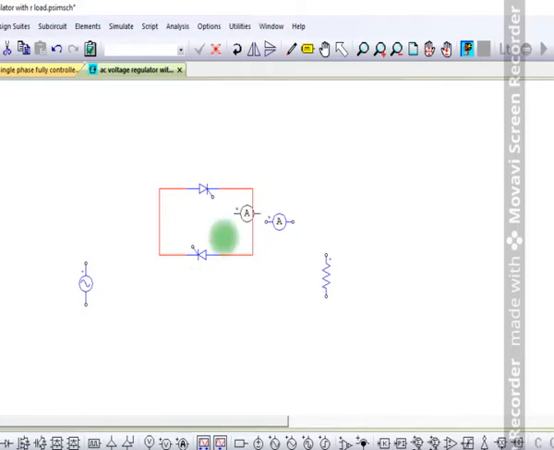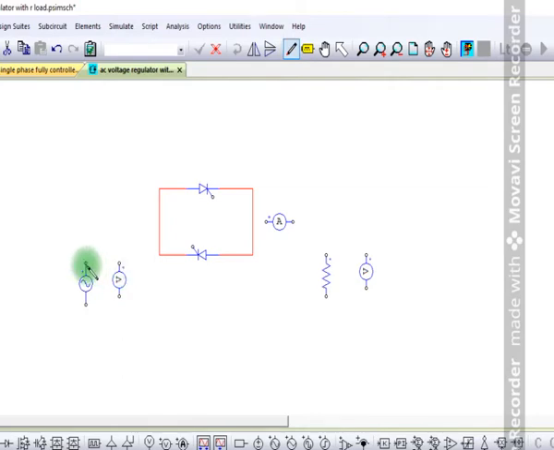And then we required the voltage probe. So we'll take this and rotate it, and connect it at the input side and at the output side as well.